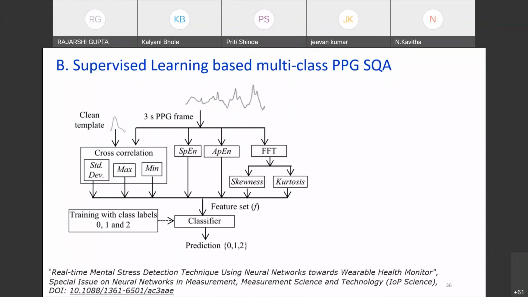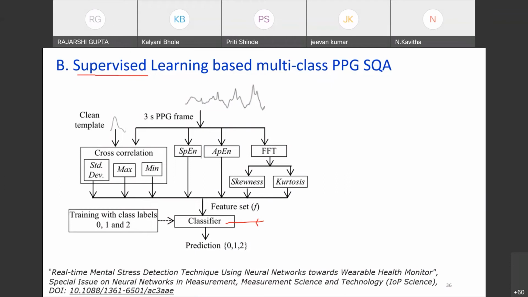Then comes the supervised learning based multi-class PPG signal quality assessment. Here, the approach is a little bit the same as the earlier one, but the difference is that here we used supervised learning, whereas the self-organizing map is a competitive learning approach, or unsupervised learning approach. Here the classifier we used is of a supervised type.